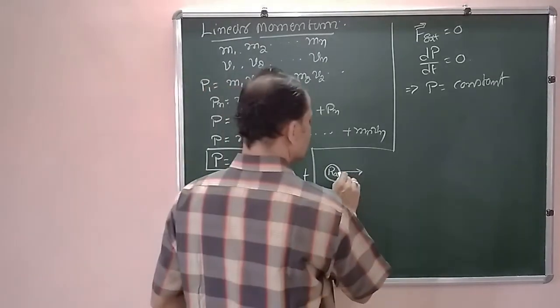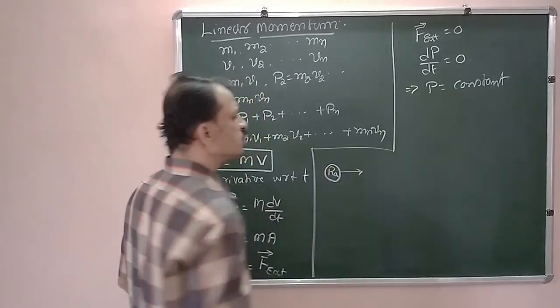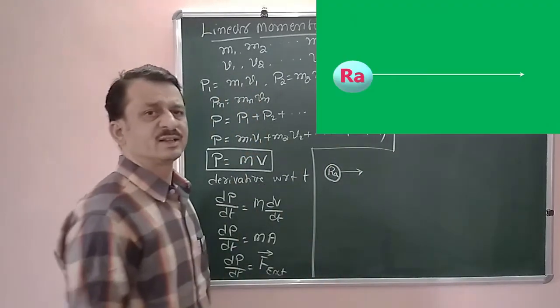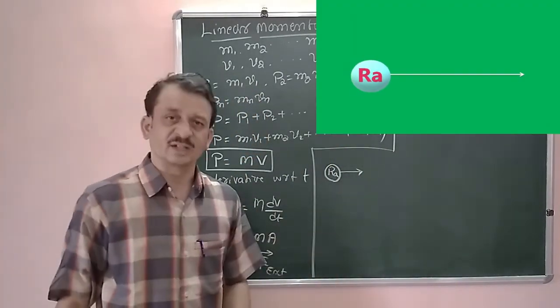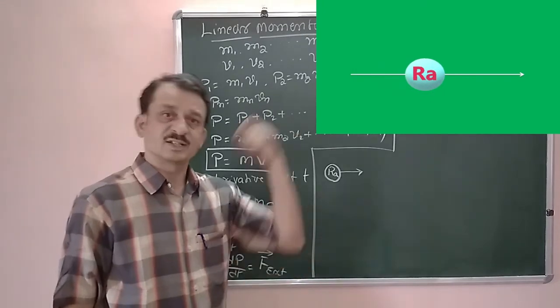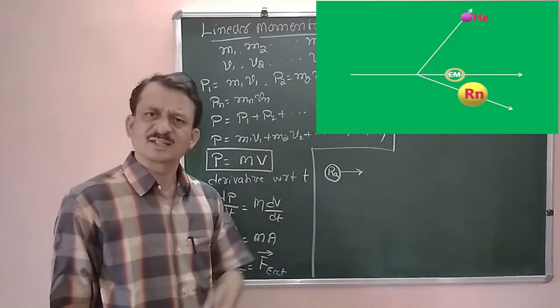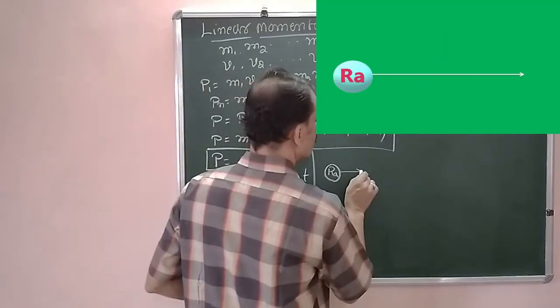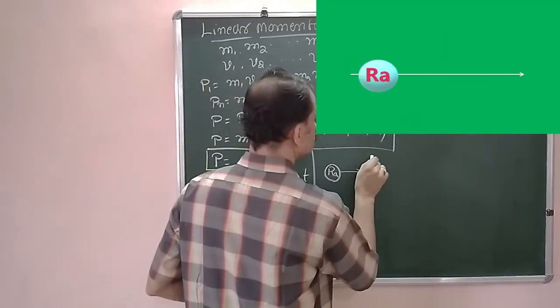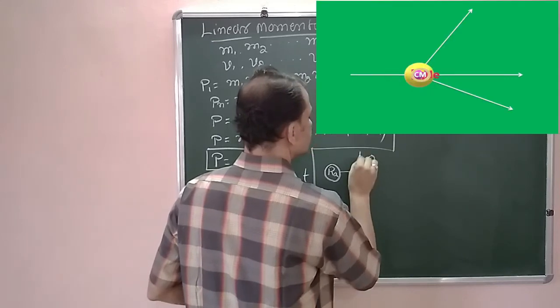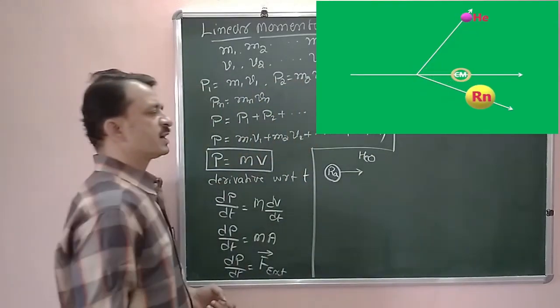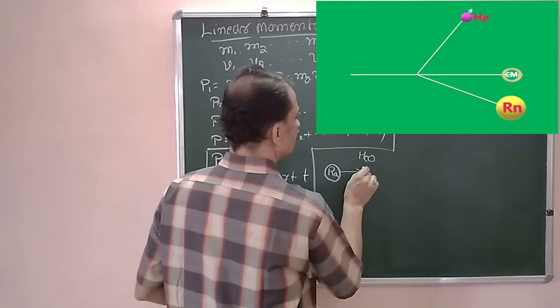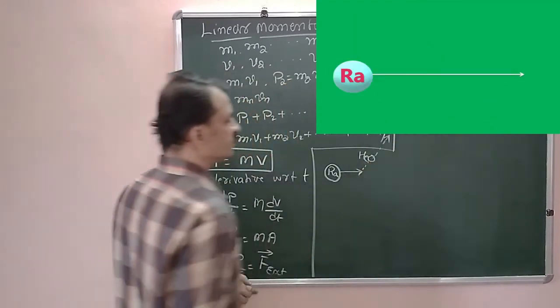As it is moving at this position, assume that it emits one particle that we call an alpha particle. That we will study in second PUC. An alpha particle is nothing but a helium nucleus. Now we get one small particle here, the helium nucleus, or alpha particle. It starts moving in this direction.